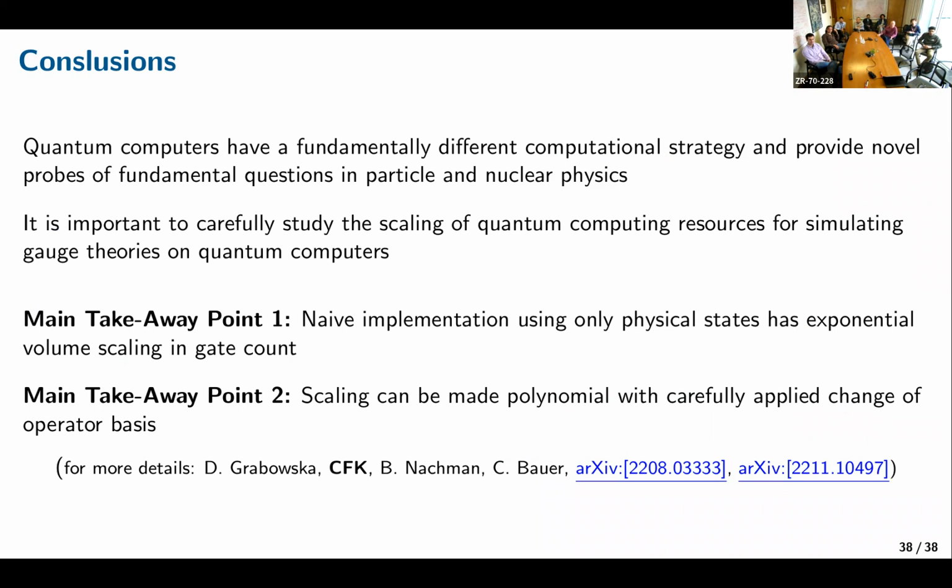One is that naively implementing this theory using only physical states, a Hamiltonian that only has physical states in the Hilbert space, has an exponential volume scaling in the gate count. This is prohibitively expensive, but it can be made polynomial by performing a change of operator basis. And with that, I'll take any questions.